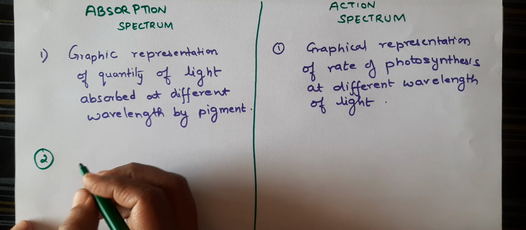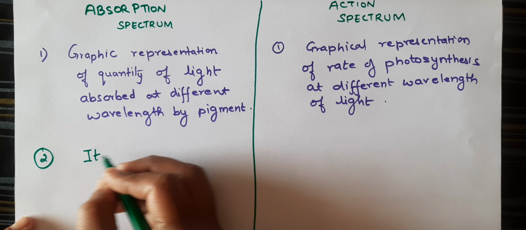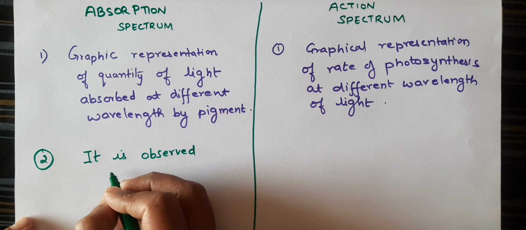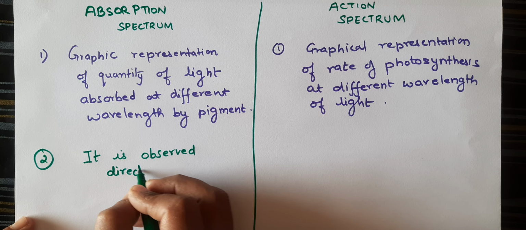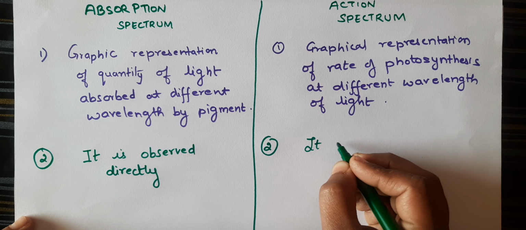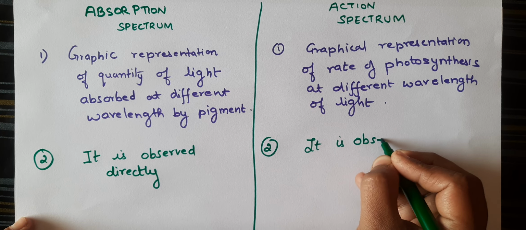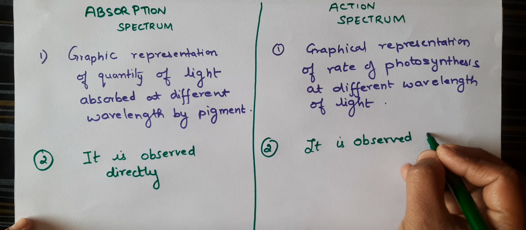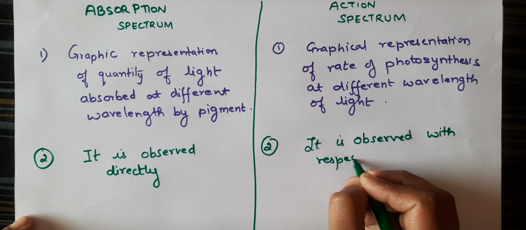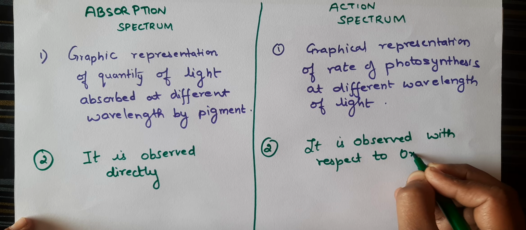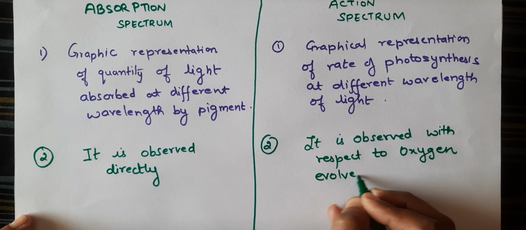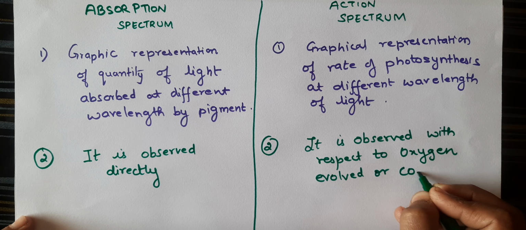So the second difference is that since the absorption spectrum is a graphical representation of only the quantity of the light absorbed, this spectrum is observed directly. However, in case of action spectrum it is observed with respect to oxygen evolved or carbon dioxide absorbed.